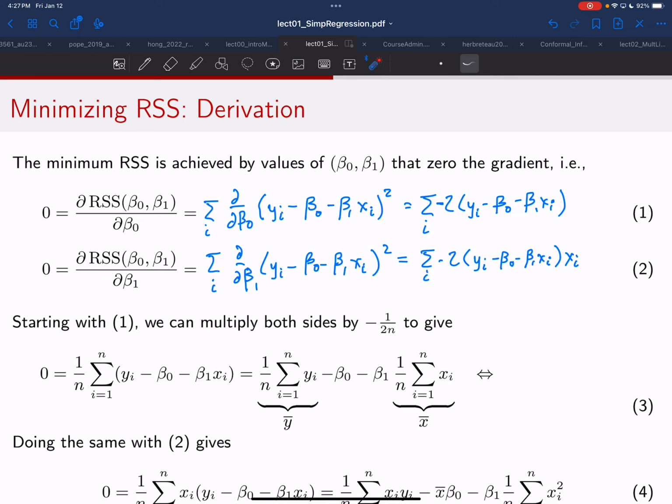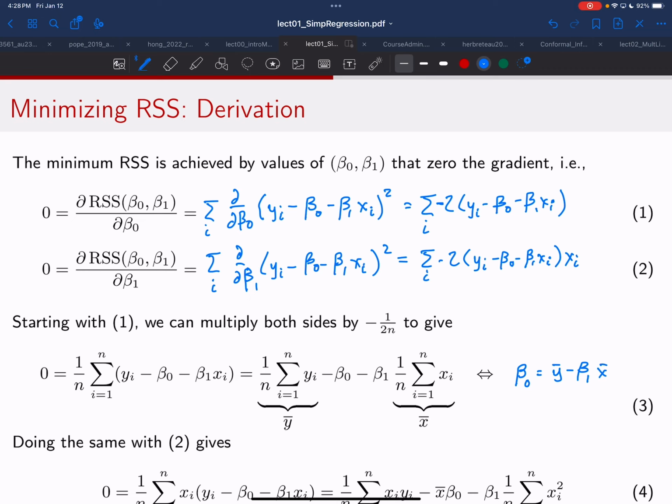Okay, so already things are starting to hopefully look a little bit familiar. In fact, this is what we saw last lecture. We called that y bar, the sample mean of yi, and x bar here. And so altogether, if all I do is move this to the other side, then we get beta 0 equals y bar minus beta 1 x bar.